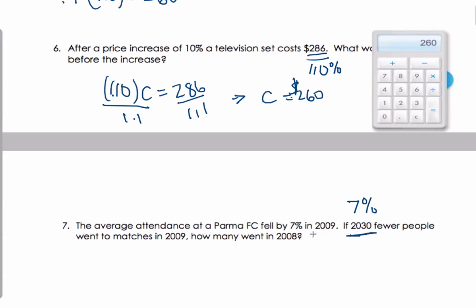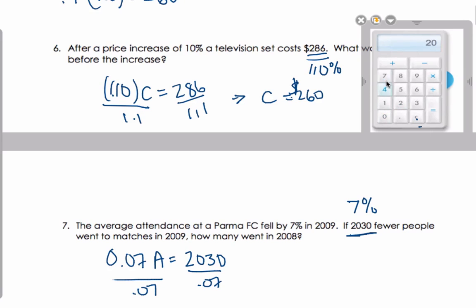That's the fewer. So I know that if I take my 7% and I multiply it by the attendance A, I end up with this, because that is 7%. And so if I want to find the attendance before that, I divide both sides by 0.07, and I get 230 divided by 0.07.